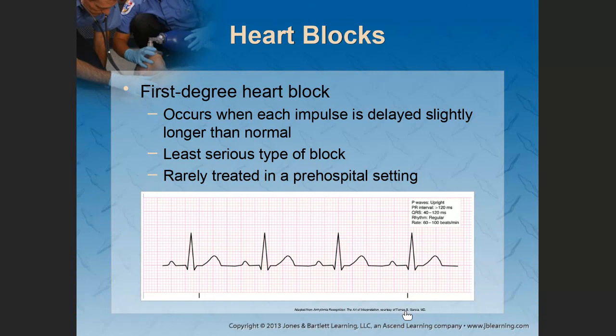This is what we call pulseless electrical activity, PEA. So this is a PEA. It's any organized rhythm that does not produce a pulse. So if you see that and there is no pulse, the patient still requires CPR. The AED will not indicate a shock because it's not a shockable rhythm.